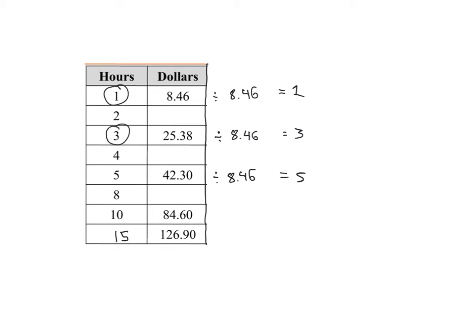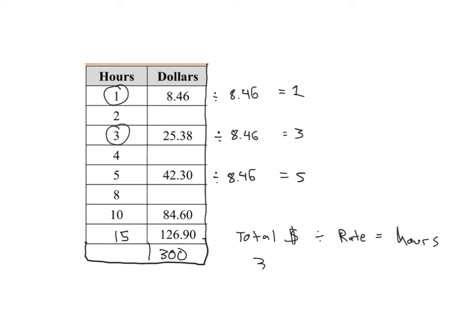I showed an example in class where I was like, what if we need $300? We could say, well, that's my total dollars divided by my rate will give me my hours.